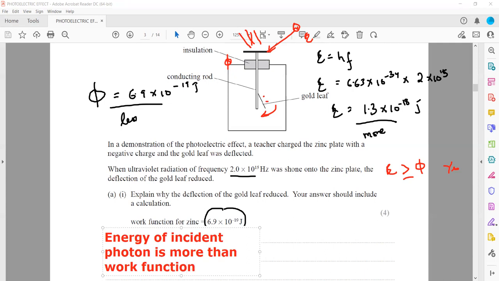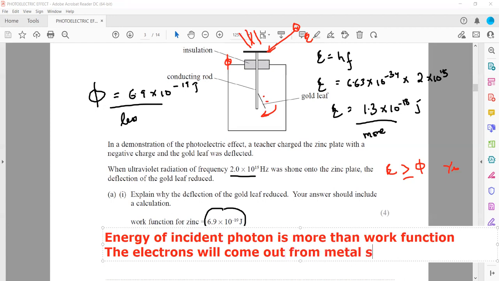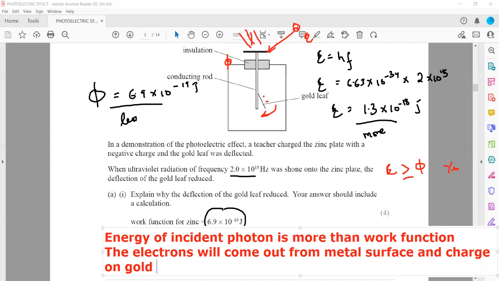So as a result, the electrons will come out from the metal surface and the charge on the gold leaf will decrease, and as a result the spacing will reduce between the conducting rod and the gold leaf.